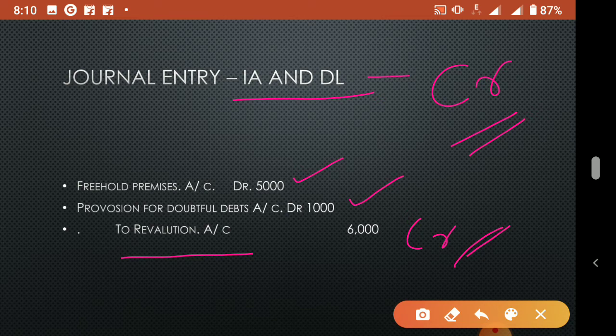So freehold premises account debit, provision for doubtful debts 1,000, to revaluation 6,000. Understood? So this is the journal entry for freehold premises and provision for doubtful debts. Already I told you freehold premises is increasing by 5,000 because it was undervalued, so we have to increase it now. Now provision for doubtful debts we have to reduce, so that is a liability, and that also will come together.